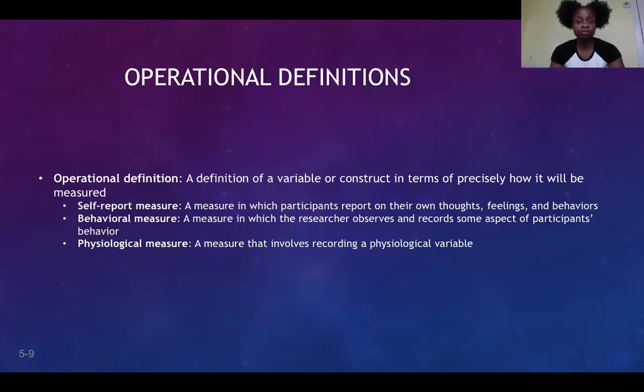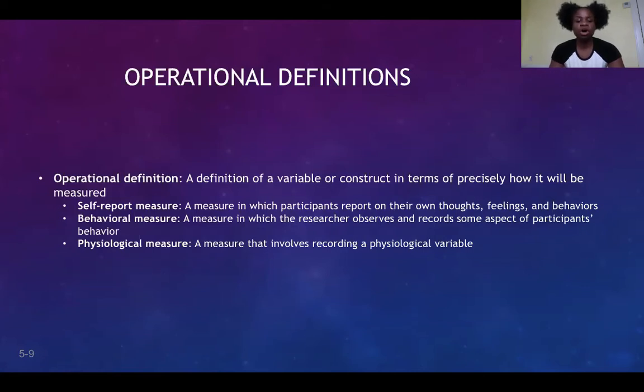So first, self-report measures. Self-report measures are those in which participants report on their own thoughts, feelings, and actions. An example of a self-report measure would be the Rosenberg self-esteem scale, which our author describes.